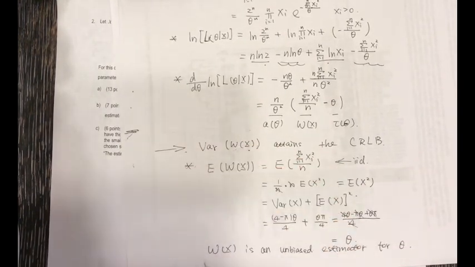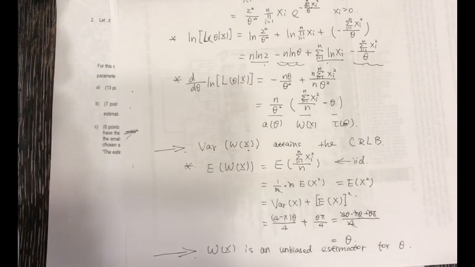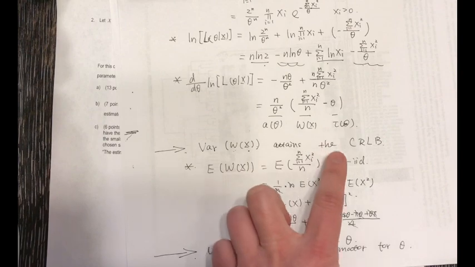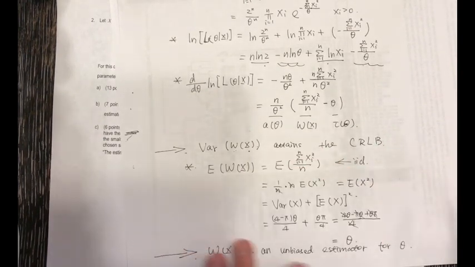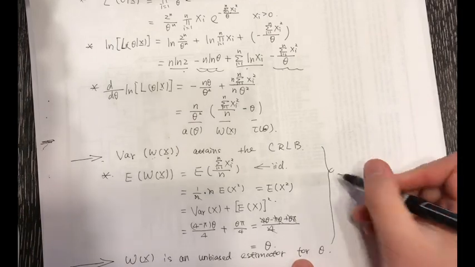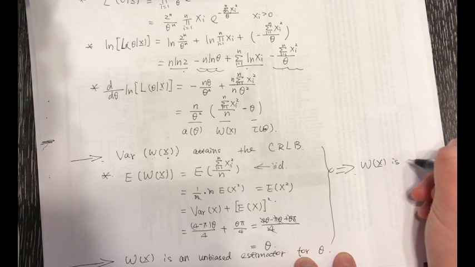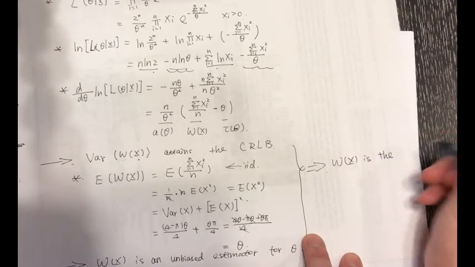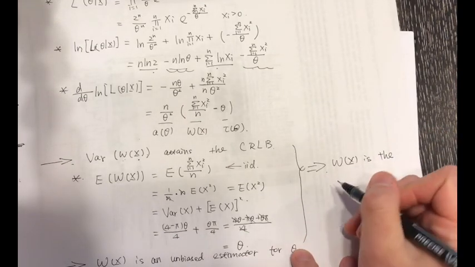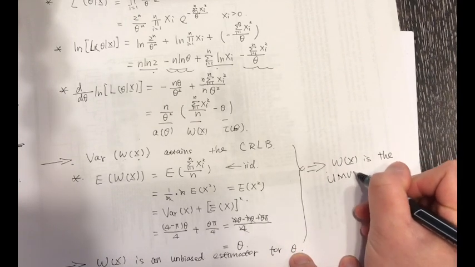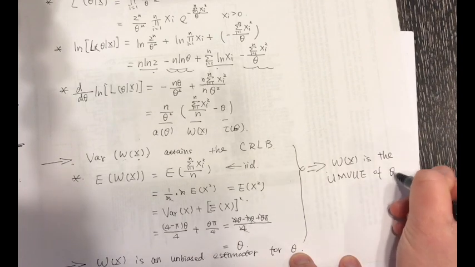So if we have this and this, which tell us W(X) is an unbiased estimator for theta, and also the variance of W(X) can attain the CRLB, which means W(X) is the best unbiased estimator of theta, the UMVUE of theta.